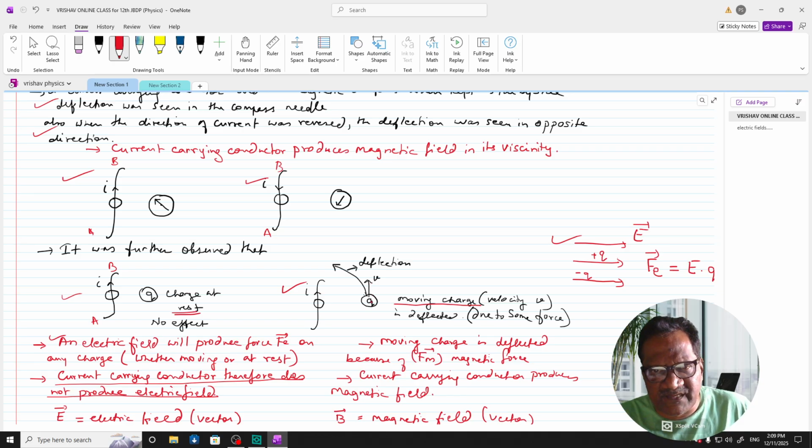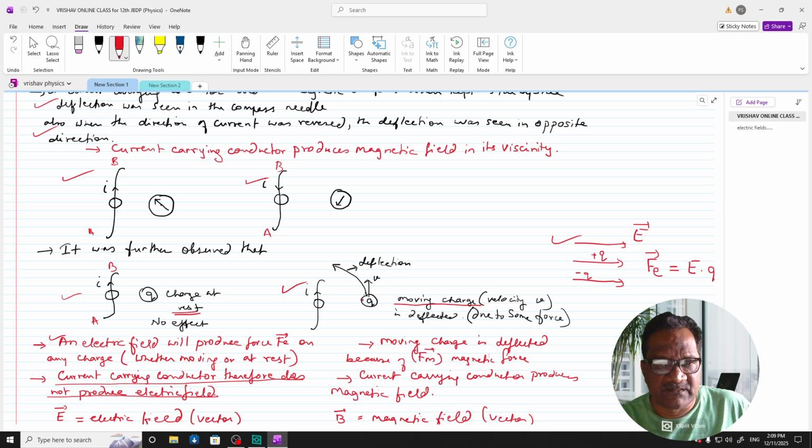Suppose it is moving in the upward direction. What is seen is that this charge is getting deflected in some other direction. Can you see the deflection taking place?